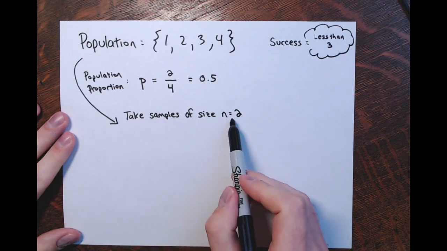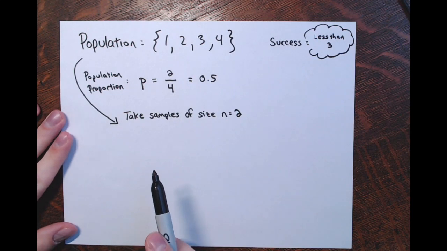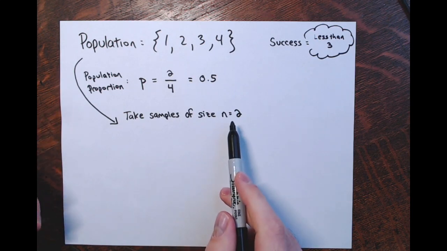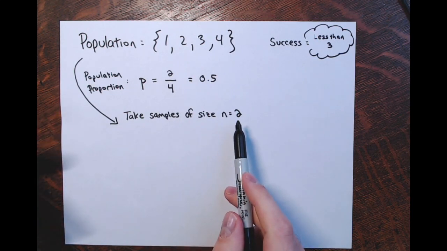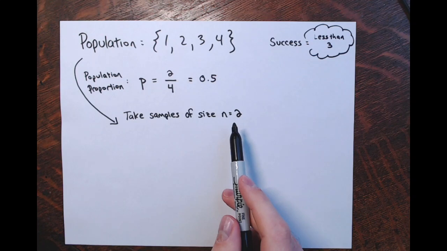If I'm taking samples of size 2, and there are 4 choices each time, that's 4 choices for the first object and then 4 choices for the second object. That's 16 samples of size 2, 4 times 4, the fundamental principle of counting.